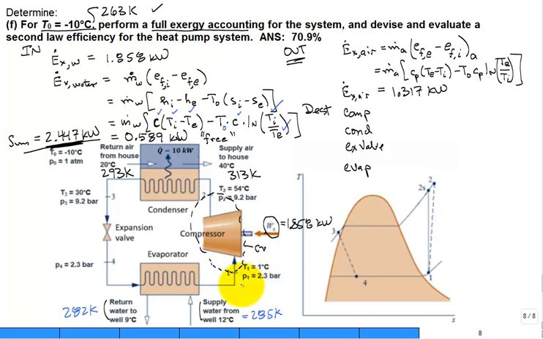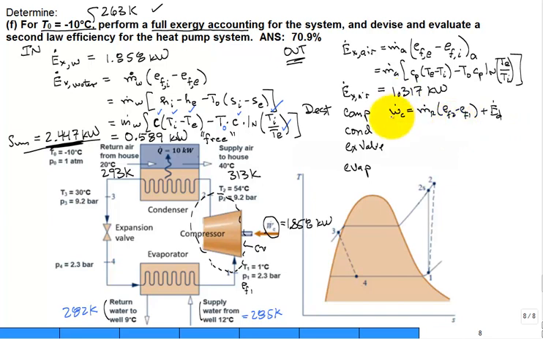We already calculated the flow exergy at 1 and the flow exergy at 2. So basically for the compressor, we have W dot C coming in. It goes into the mass flow rate of the refrigerant times the increase in the flow exergy, EF2 minus EF1, or it's also destroyed: the rate of exergy destruction in the compressor.